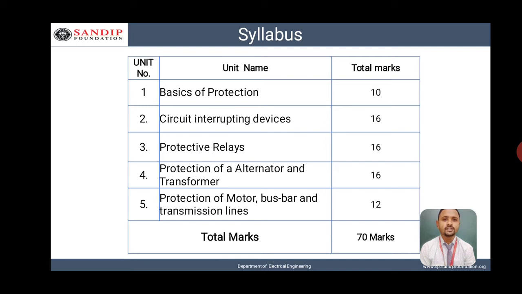The second unit is current interrupting devices. In this unit, particularly, we are going to cover types of circuit breakers, their construction, operation and application. The total weightage for this second unit is 16 marks. The third unit is protective relays.